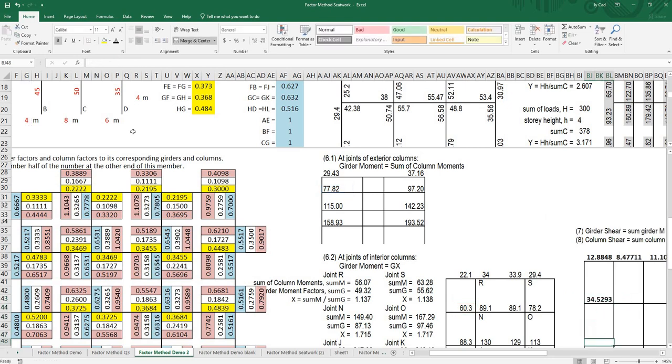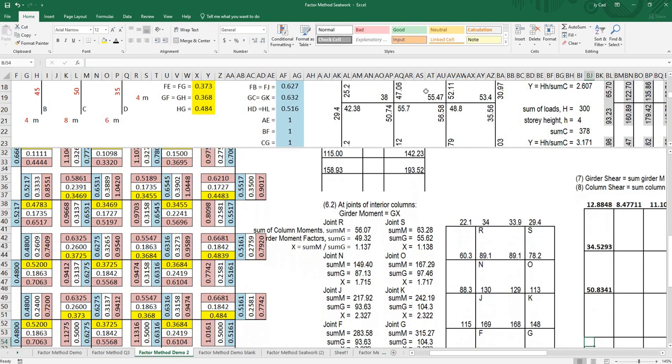And then, ito naman, this is 115. Open parenthesis, 115, click mo yan, plus, sorry, this is 115 pala. Plus 88.3 divided by the length na 4.